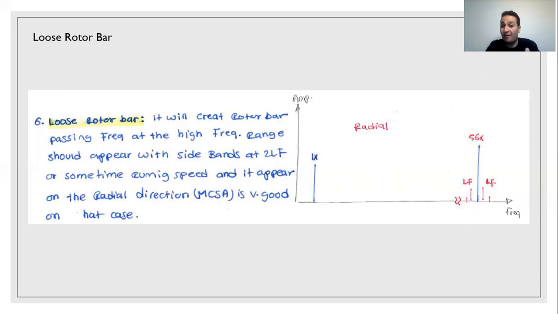For example, if you have 100 hertz as the twice line frequency, this means that your line frequency is 50 hertz. But if your line frequency is 40 hertz, like in variable frequency drive motors, the twice line frequency in this condition will be 80 hertz. So you will see the rotor bar passing frequency with sidebands at 80 hertz. So just be careful, don't say it's not 100 hertz. You always have to be careful about what the line frequency on the motor is.